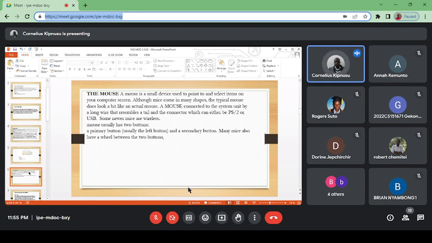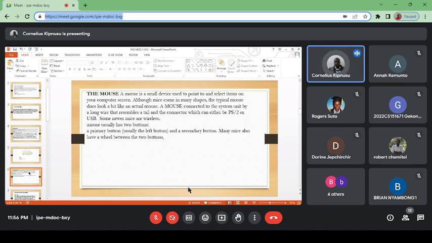Although mice come in different shapes, a mouse typically looks a bit like an actual mouse. A mouse connects to a system unit by a long wire that resembles a tail, and a connector which can either be PS2 or USB.